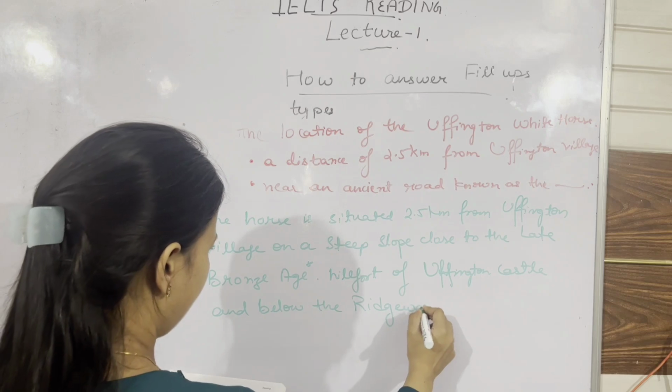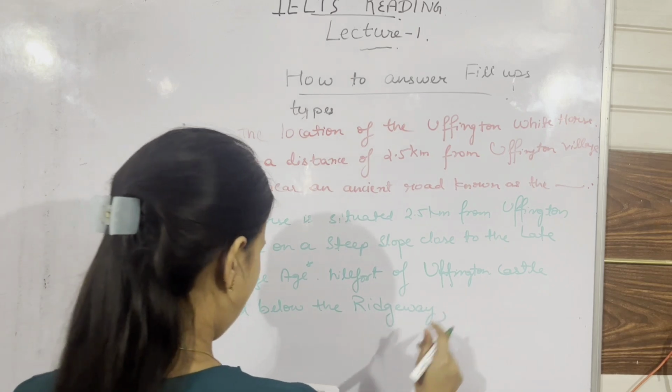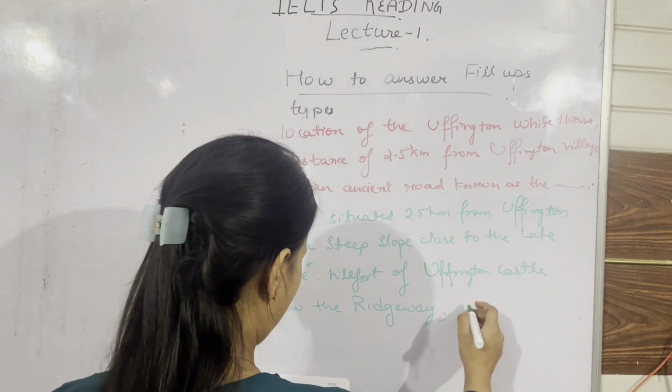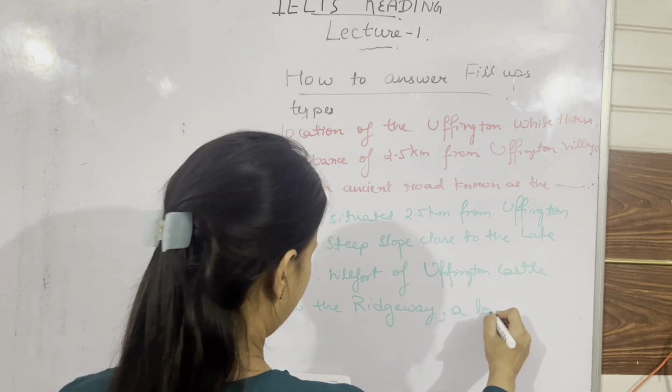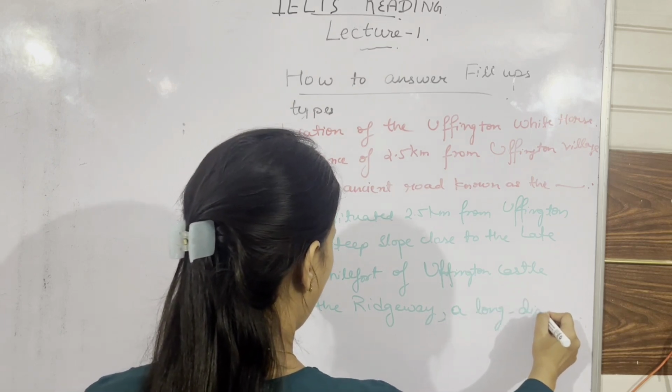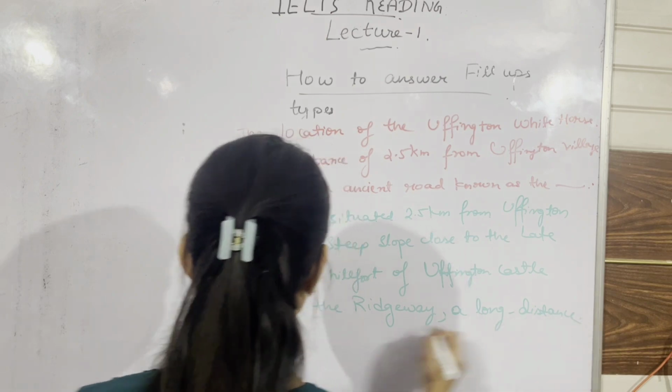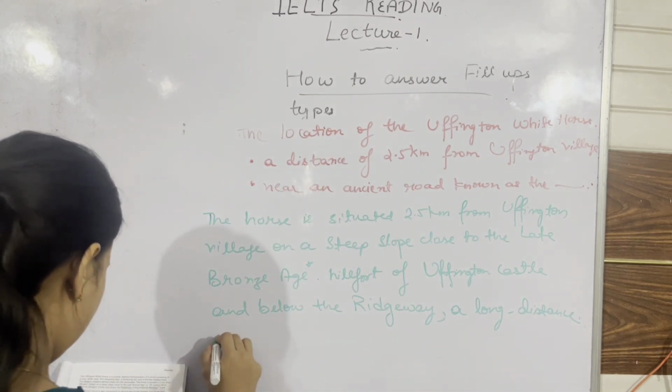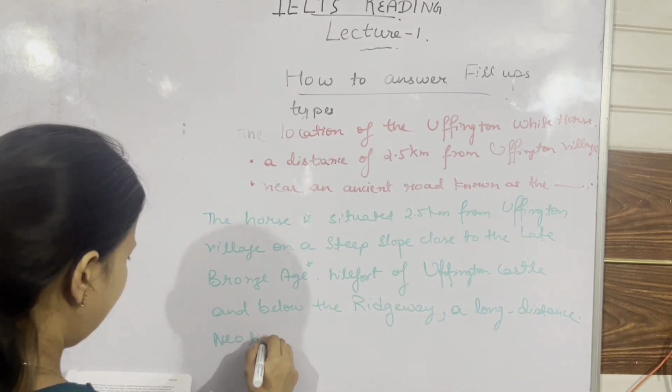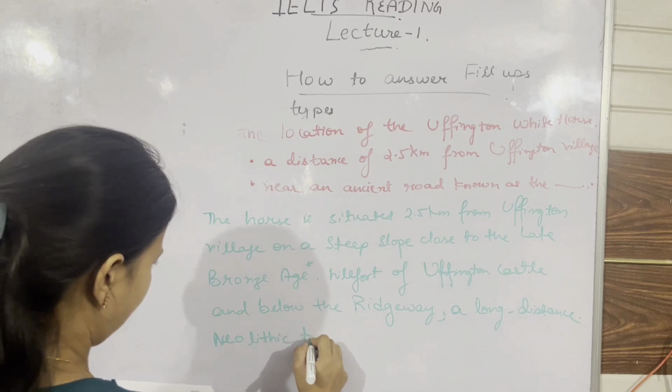Below the ridgeway. After a comma, they have described what the ridgeway is. It is a long distance Neolithic track. Neolithic track. Okay?